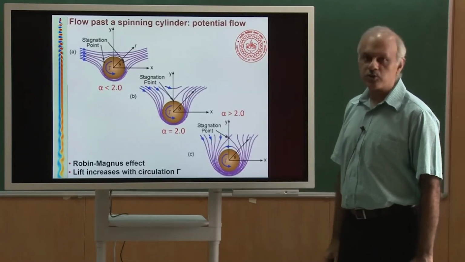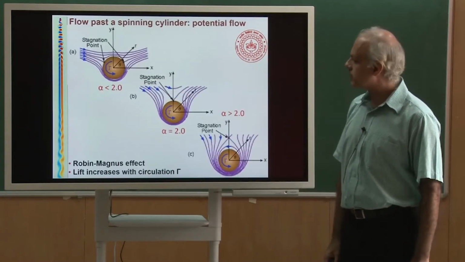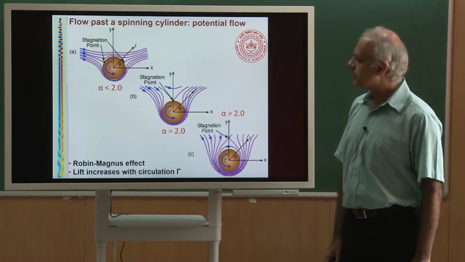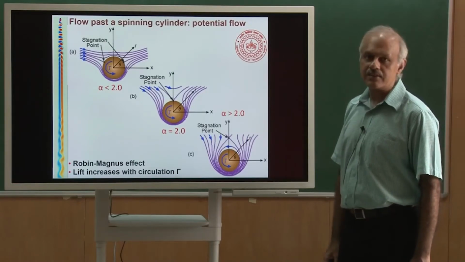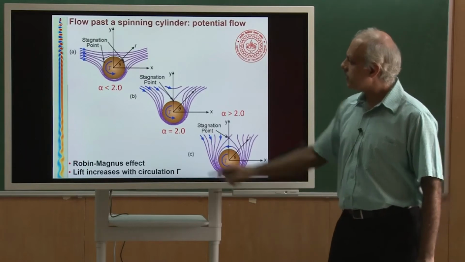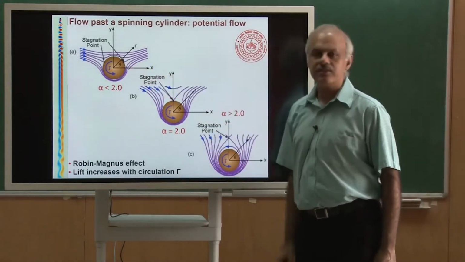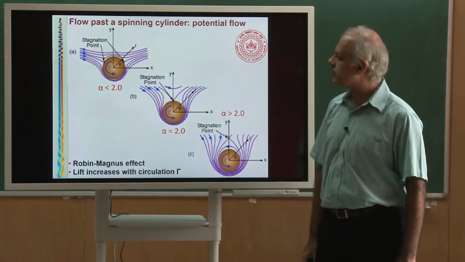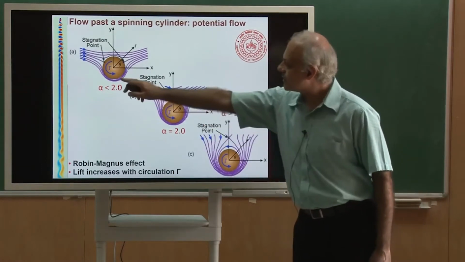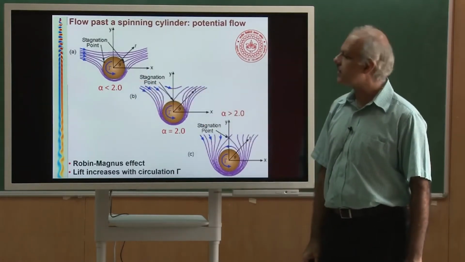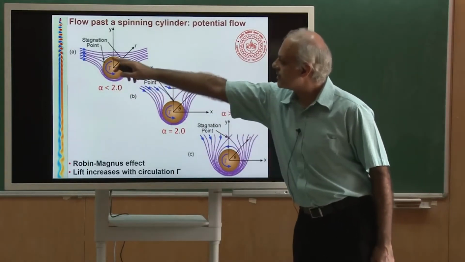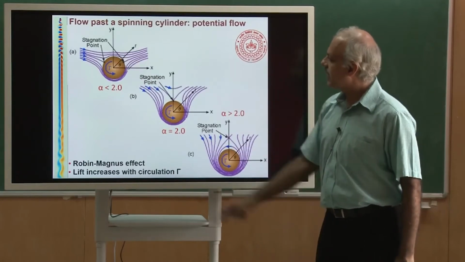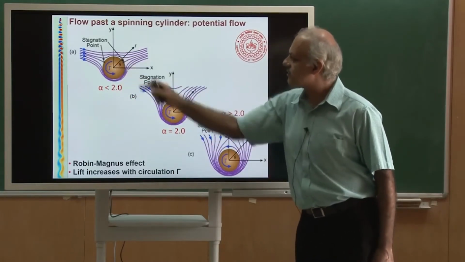So, this is the story so far. If we look at the potential flow, what we just saw, if you have alpha less than 2, that number on the gamma, then you would get 2 stagnation points which are symmetrically located about the y axis, and these are the streamlines which I had sketched on the blackboard for you. Those are the streamlines on the lower surface and then the upper surface, and they are separated by the stagnation streamline.